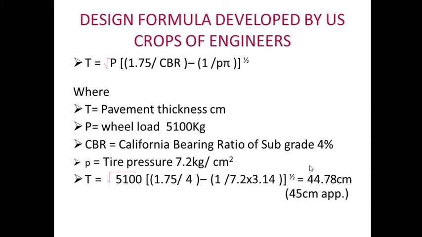CBR of the subgrade soil is taken as 4%, and small p is the tire pressure, which is 7.2 kg per centimeter square. Using this formula, we get 44.78 centimeters, which we can take approximately as 45 centimeters. That total thickness of the pavement is 45 centimeters.